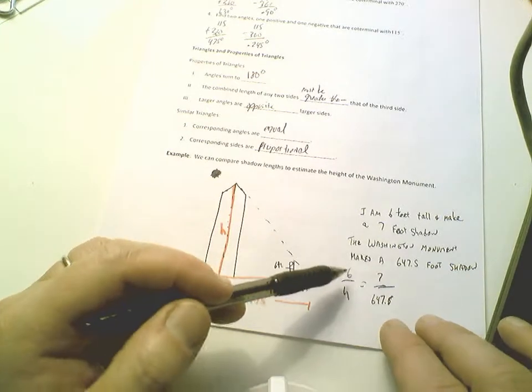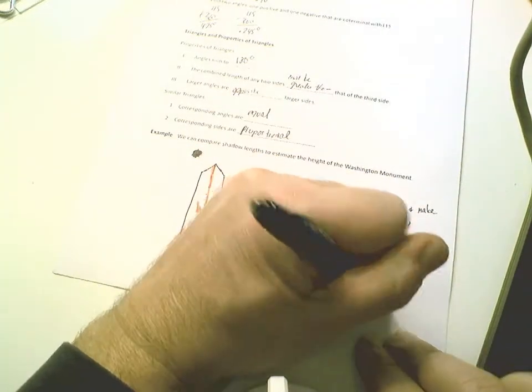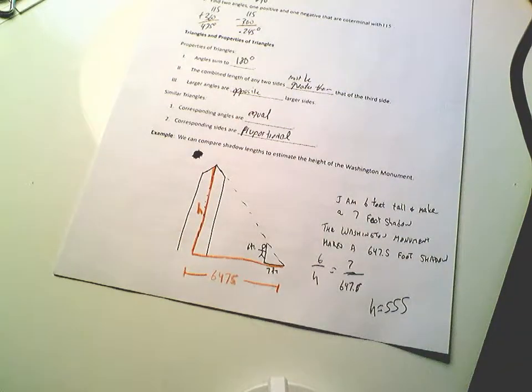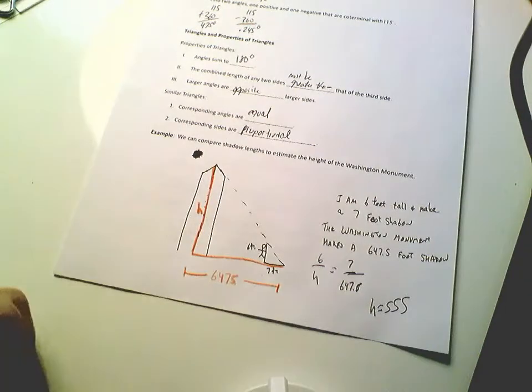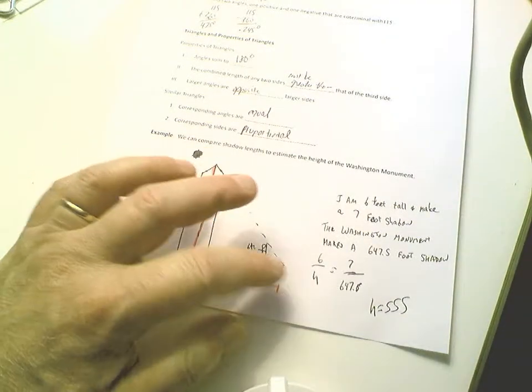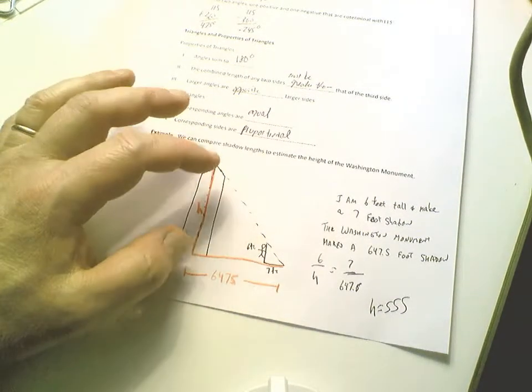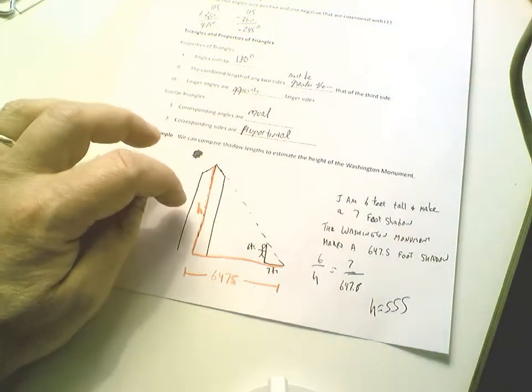And if I do some simple cross multiplication, 6 times 647.5 divided by 7 gives me an h of 555 feet, which, if we go to good old Wikipedia, turns out to be a very good match: the Washington Monument is 555 or 556 feet. We have a very nice representation here. So by building models like this, using things that we can measure, to find something that we can't measure, similar triangles give us the ability to figure out that unknown.